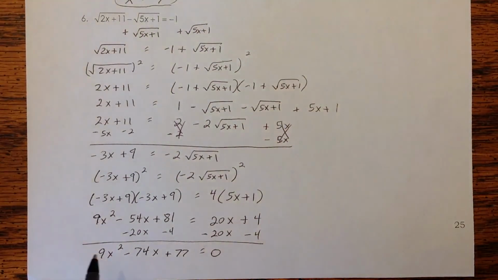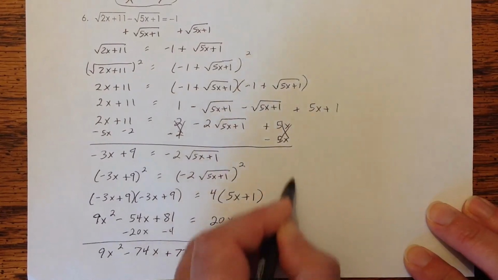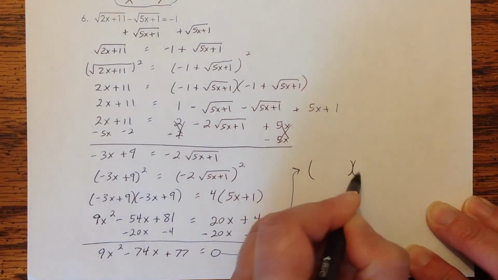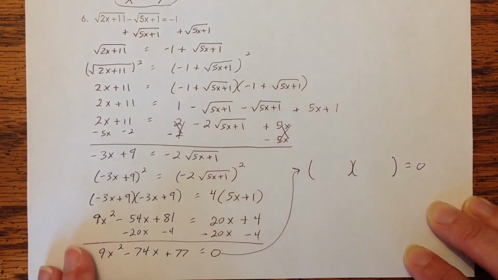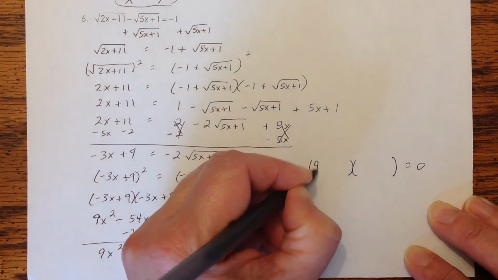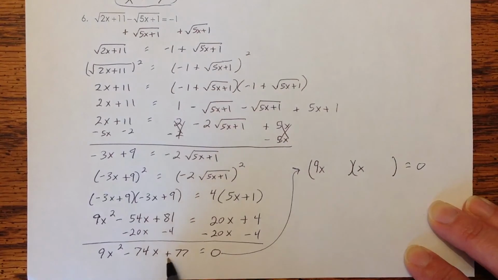Once I get this equation to 0, the way to solve this quadratic is to factor. So I need to work on factoring this trinomial. Well, I'm going to say that the way to get to 9x squared is 9x times x. The plus here means my signs are the same, and I need to multiply to 77.